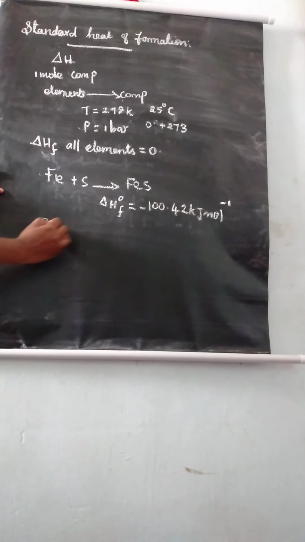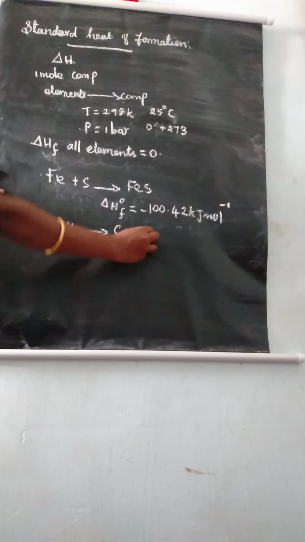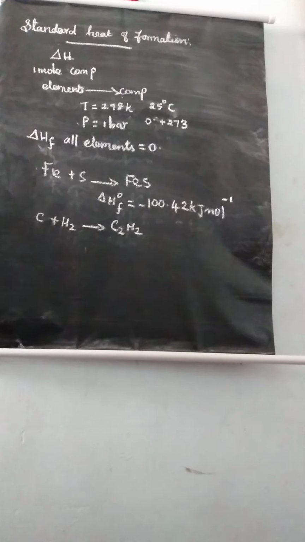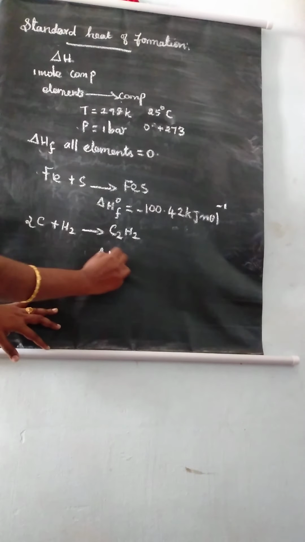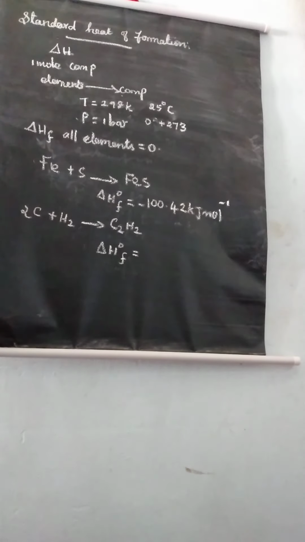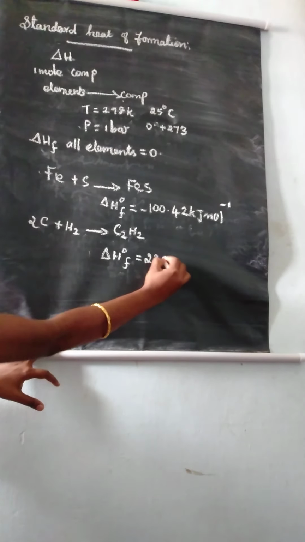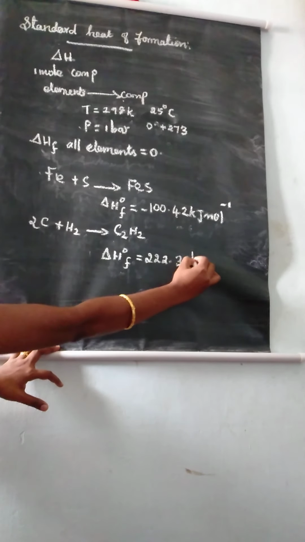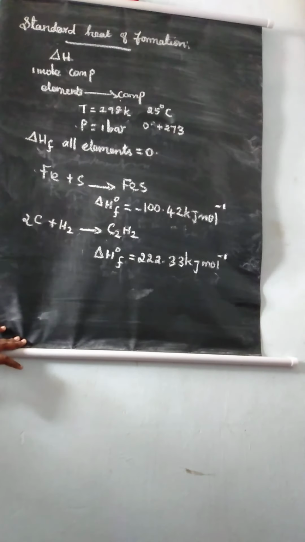Understand? And here they have given some more examples. Suppose carbon and hydrogen form C2H2. Here also, the standard heat of formation value delta H naught f is equal to 222.33 kilojoule per mole.